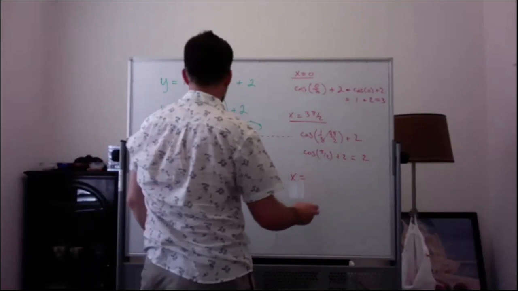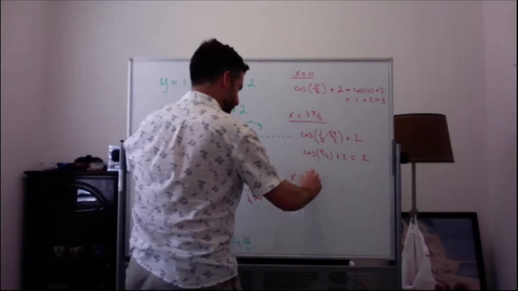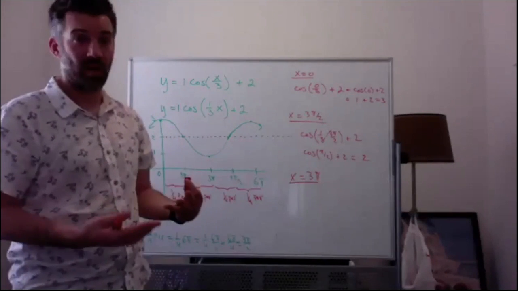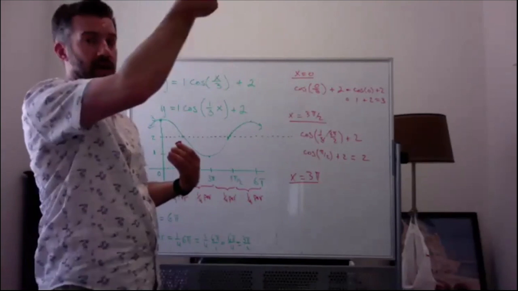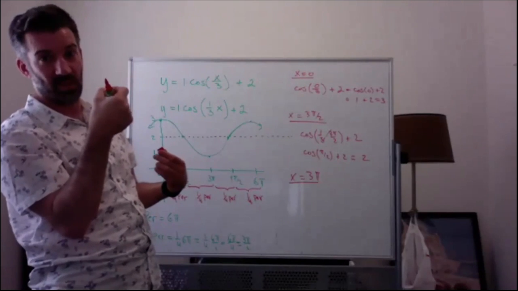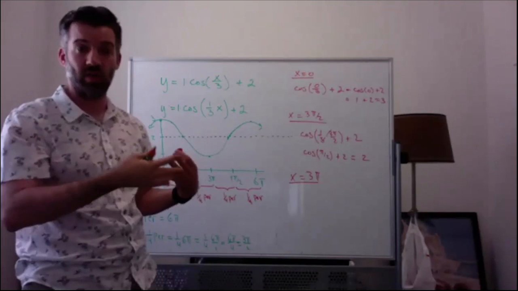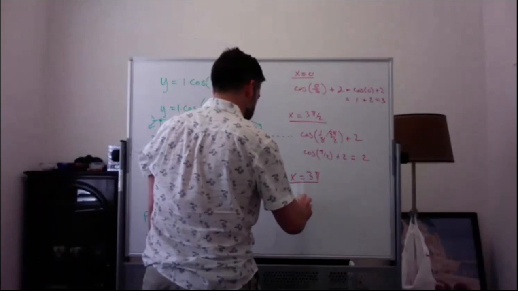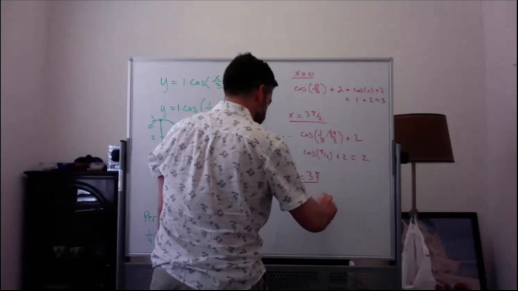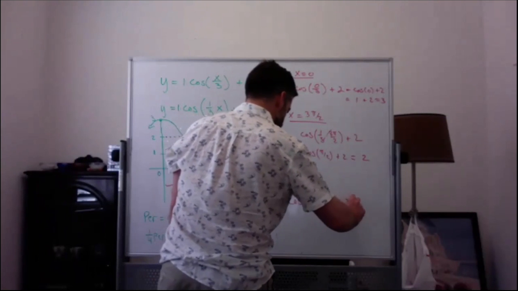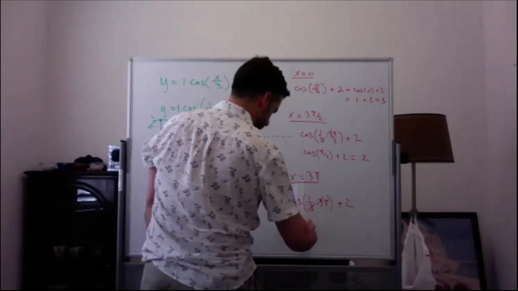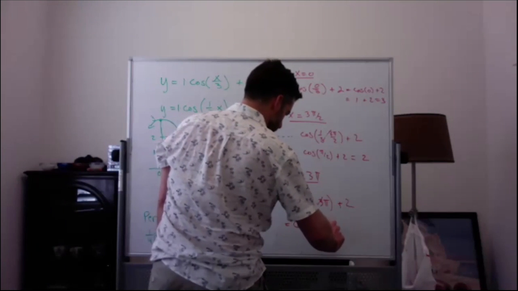For x equal to the next value, which is 3 pi, you guys already know that the next quadrantal angle, well, 0, pi over 2, pi is the next one. And when I simplify this, I should get cosine of pi. And I do. I get cosine of 1/3 times 3 pi plus 2. And exactly the 3's cancel, which gives me cosine of pi plus 2.